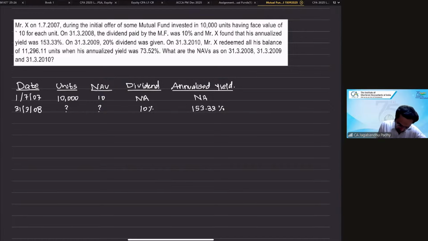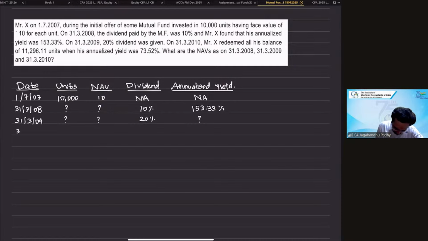Then on 31st March 2009, we don't know the number of units, NAV is also not known to us. But we know that dividend is 20%, and again, annualized yield is something which we don't know.